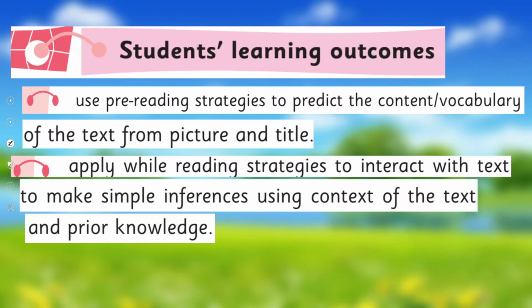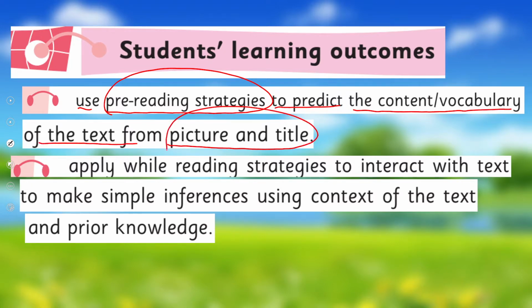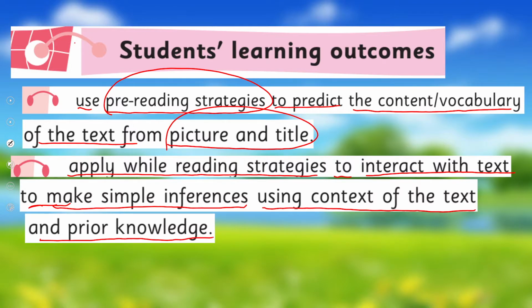So we'll learn further, and we'll cover the SLO: to use pre-reading strategies to predict the content and vocabulary of the text from picture and title, and apply while-reading strategies to interact with text to make simple inferences using context of the text and prior knowledge. These are our today's SLOs.